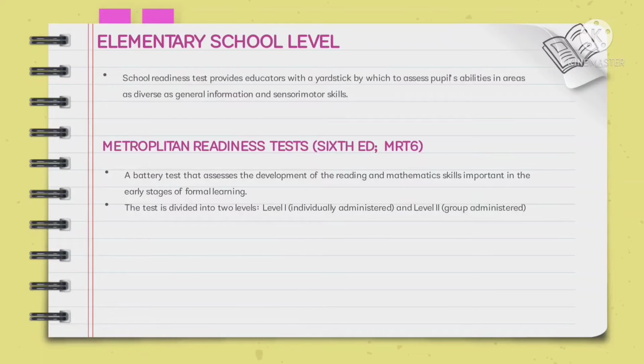Level 1 is individually administered for use with beginning and middle kindergartners, and level 2 is group administered, which spans the end of kindergarten through first grade. There are two forms of the test at each level.